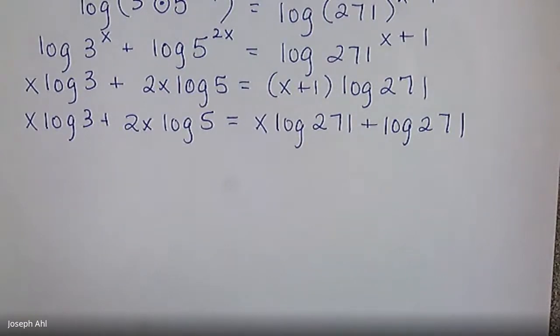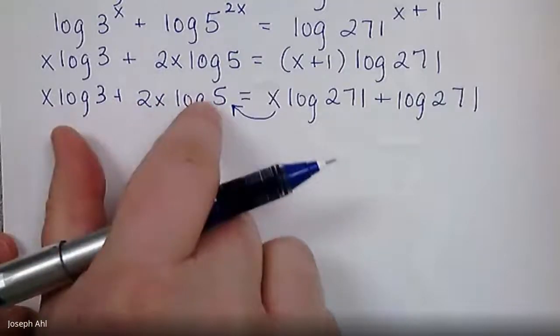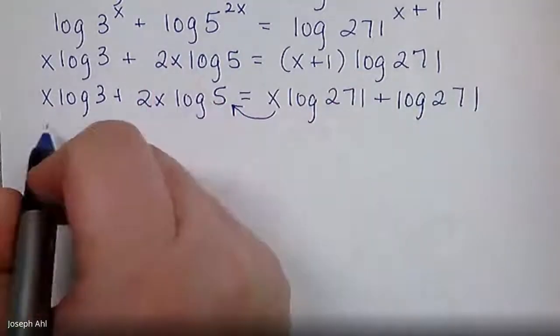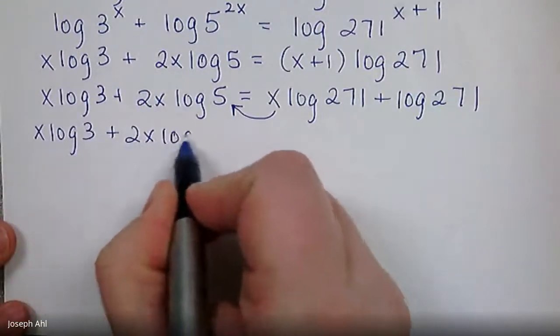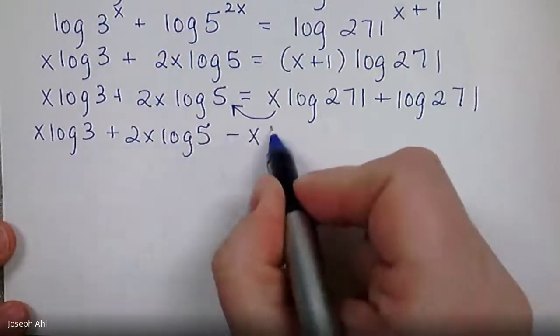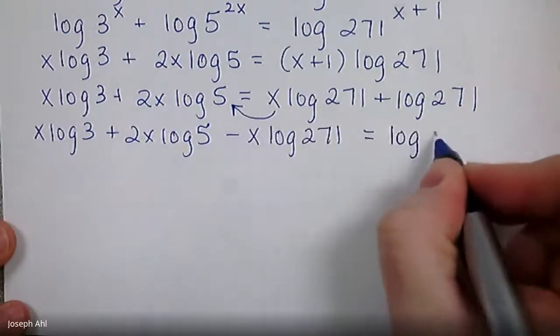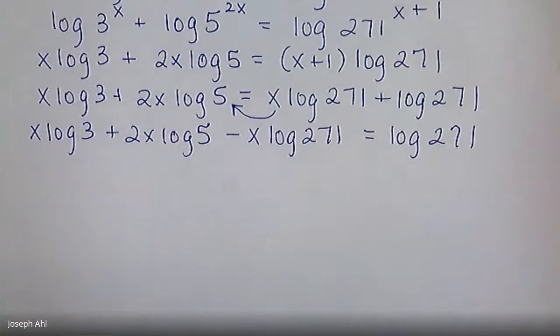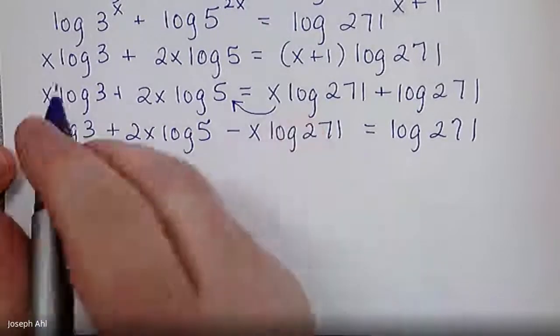So, couple steps away, I'm going to subtract this to the side. I already have 2 terms with x over here. Group all those x's together. x log 3 plus 2x log 5. Now it's minus x log of 271. That equals log 271 on this side. Okay. And then last but not least, now you can take out an x as a GCF from all 3 of these.